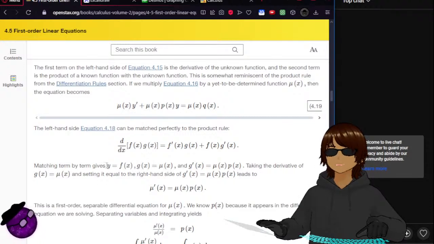Matching term by term gives y is equal to f of x, g of x is u(x), and derivative of g of x is u(x) p(x).